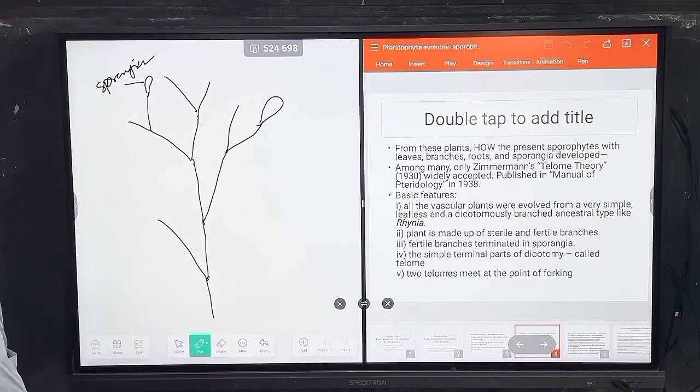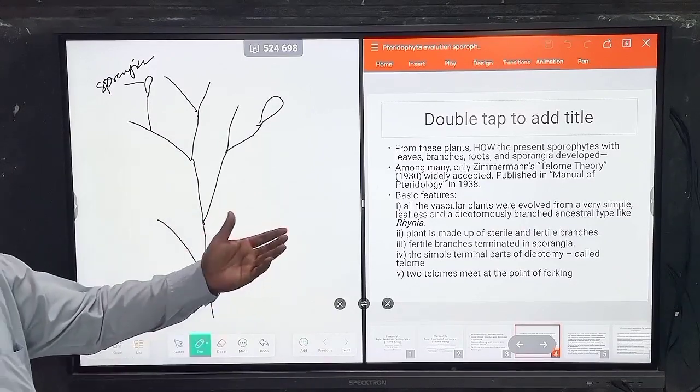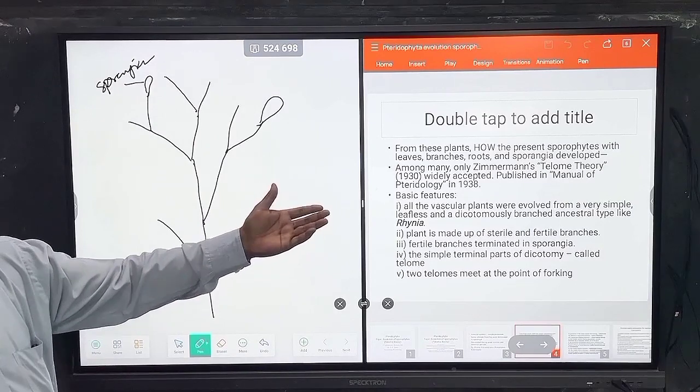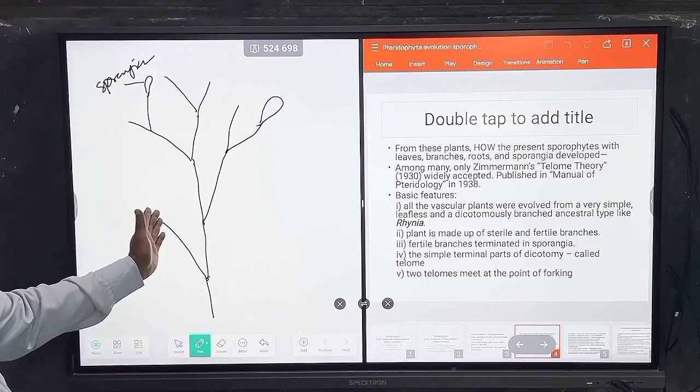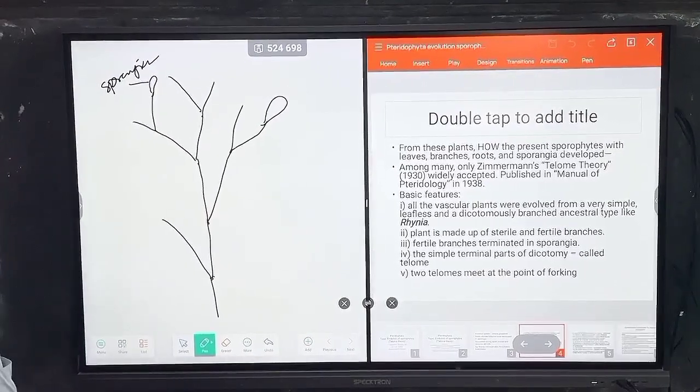From these plants, some questions arise. How did the present sporophytes, having leaves, branches, roots, and sporangia, develop? How did the modern plants actually develop from these types of plants?